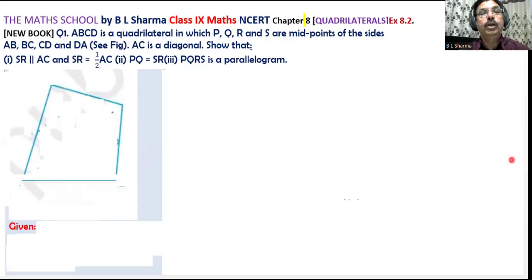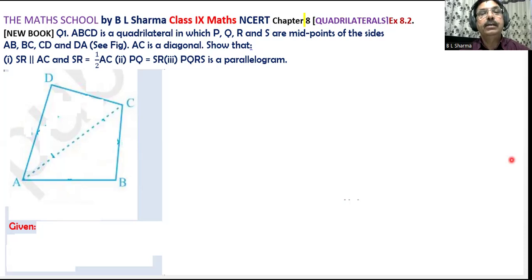A quadrilateral, any kind of quadrilateral, is given. Mark the quadrilateral ABCD, though the diagram is given with the question. ABCD is a quadrilateral and AC is its diagonal, and this is diagonal AC.